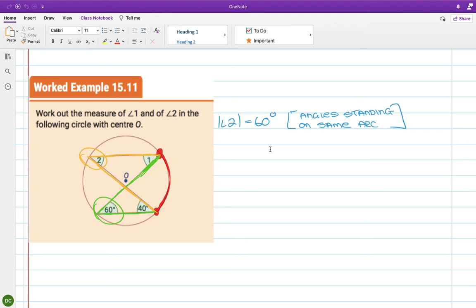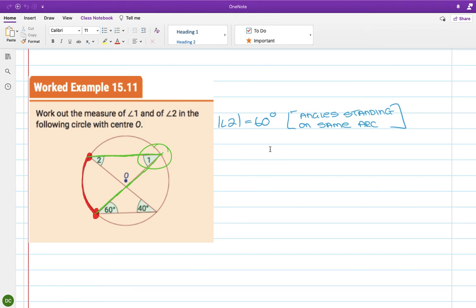And I have a feeling I can do the exact same thing. So if I take all that off, this time I'm going to highlight the arc on the other side. I'm going from the left-hand point, now from the right-hand point, all the way up to the circumference, and I find angle 1.